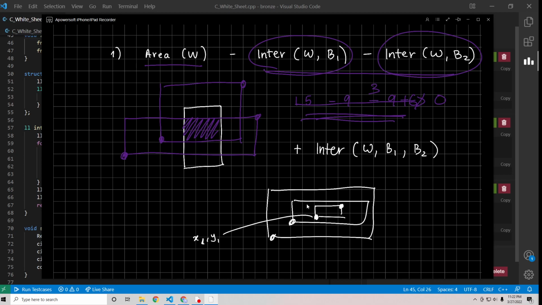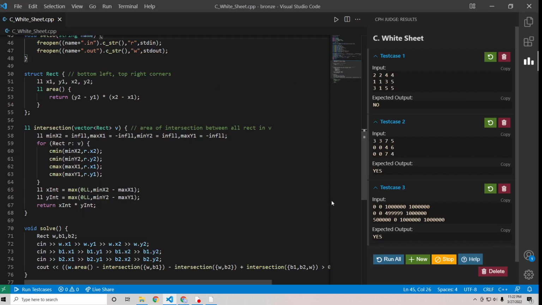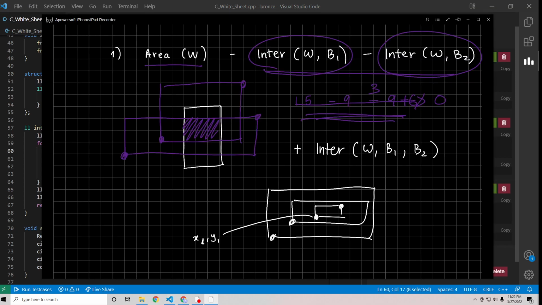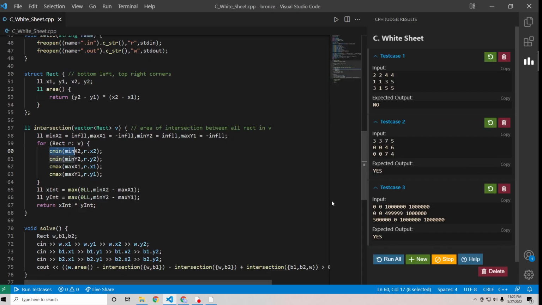So we need to find the height and the width. The way we can do that is by finding these points here. We just find the leftmost right point, the rightmost left point, the highest low point, and the lowest high point, because those points are for sure going to be in all three rectangles if there exists some overlap. Then we have to do this.